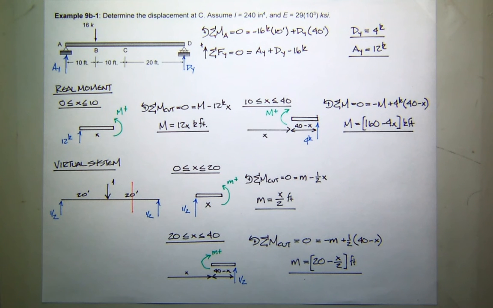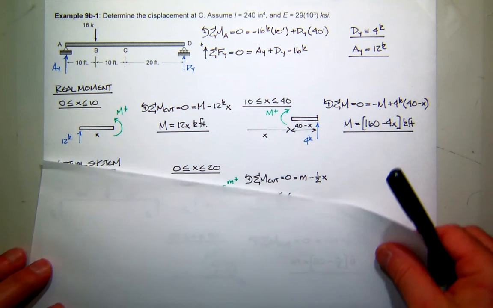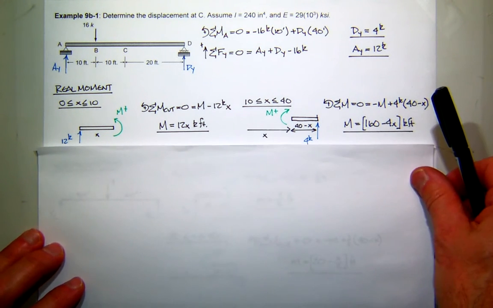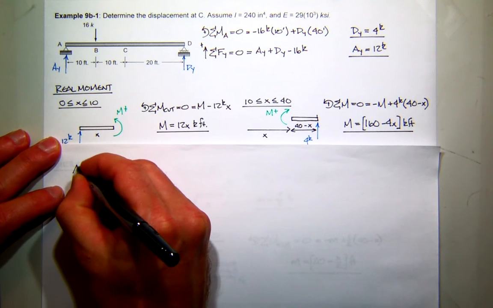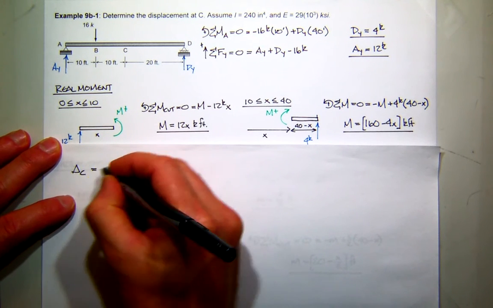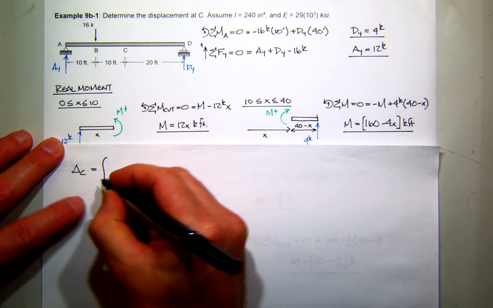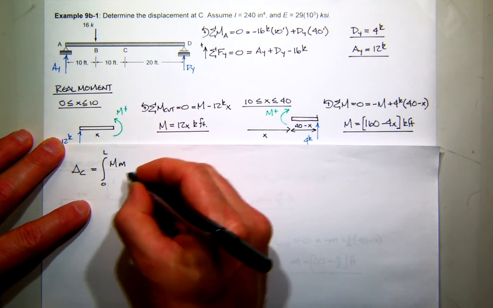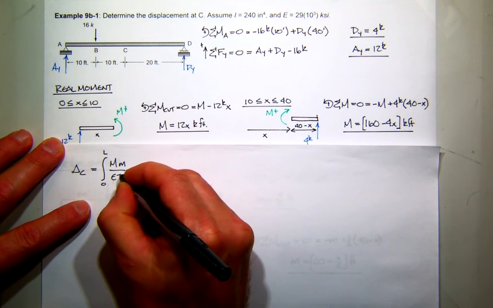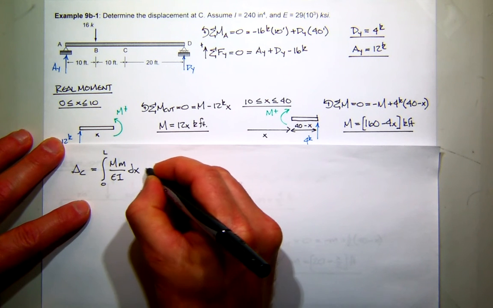So what I need to do next is write my virtual equation. Let me slide this up here around the paper. So what I now can do is say the displacement at C is the integral from 0 to L of my real moment, my virtual moment, divided by EI over the length.